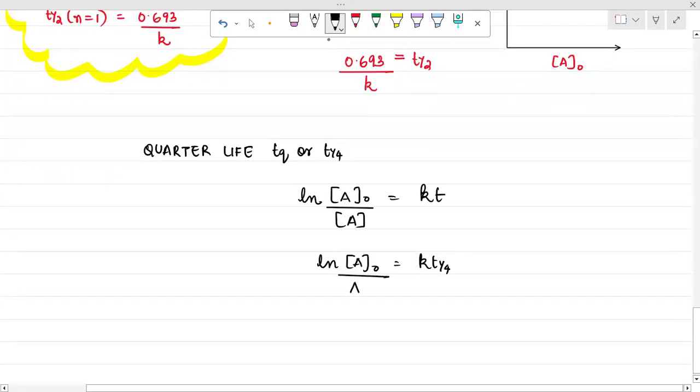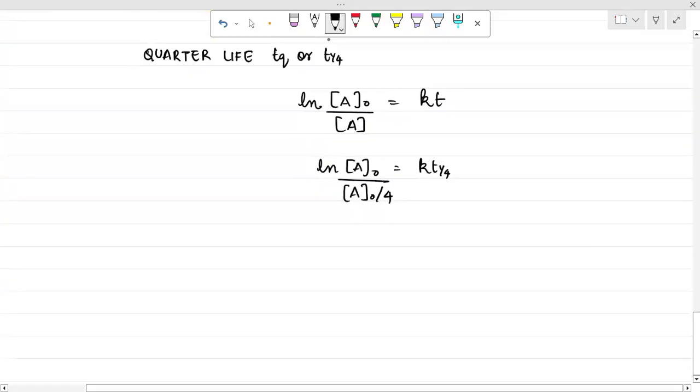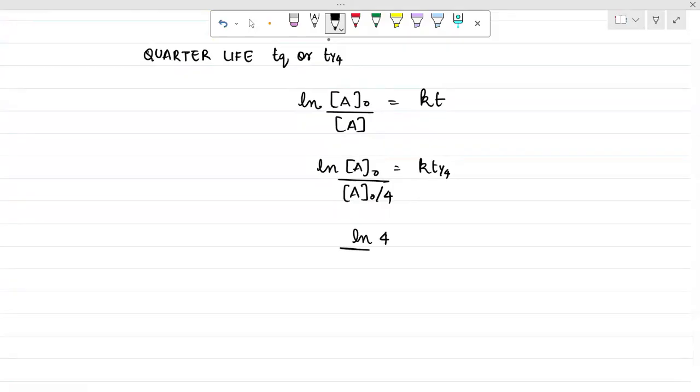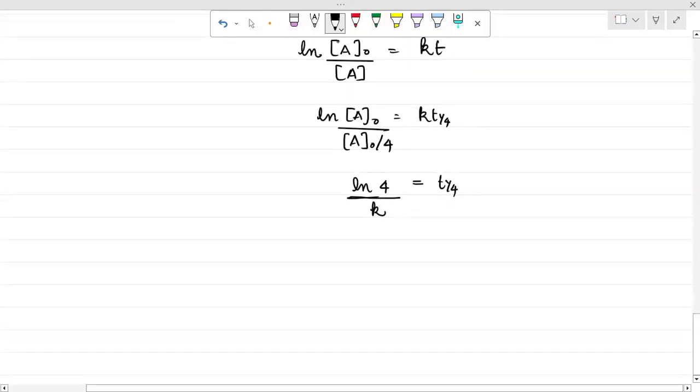Final concentration is going to be A naught by 4. A naught gets cancelled, which is going to be equal to ln 4 by, if I take k to the side, ln 4 by k equal to T quarter. Very easy. That's it. You can calculate the value and write it if you want.